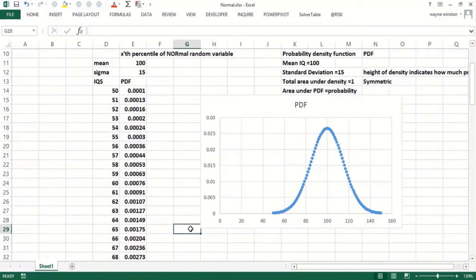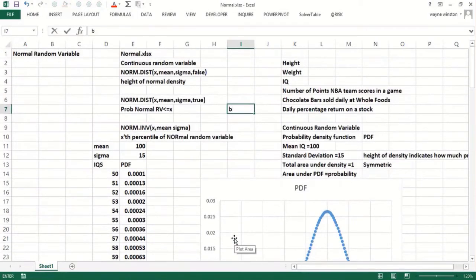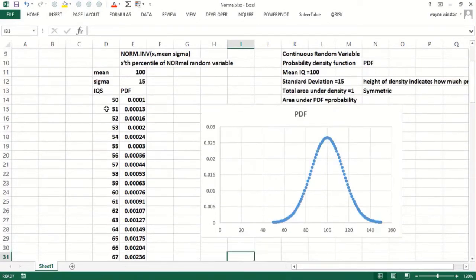Okay. So now we can try and answer some probability questions. And again, the key would be to use the fact that NORM.DIST, when you give it a value of x, a mean, a sigma, and a true, gives the probability the random variable is less than or equal to x. But before we do that, let's see what happens if we raise the mean IQ. What do you think will happen to this density? It should go where the peak is at 110.